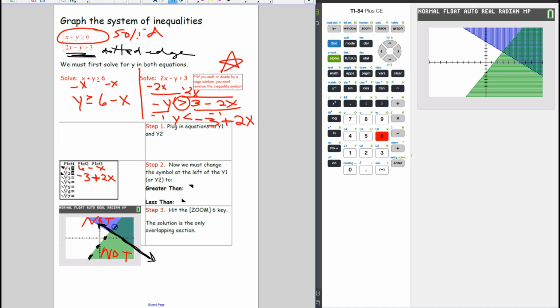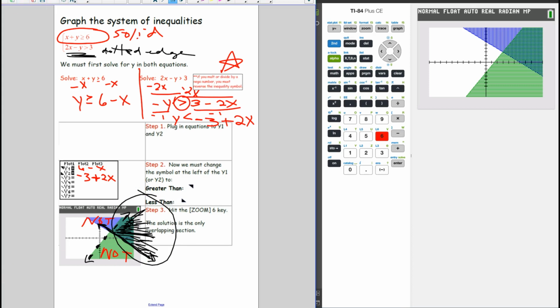And then, again, only the overlapping, so in between those and going out that way is the solution.